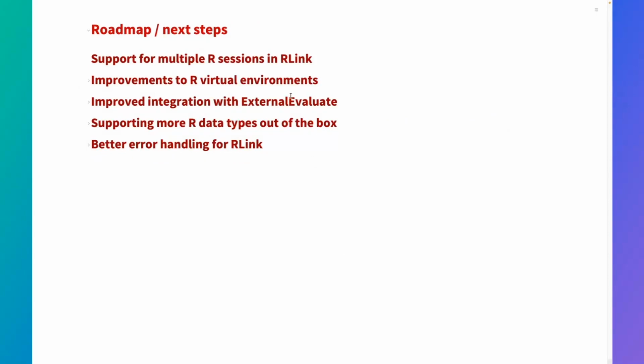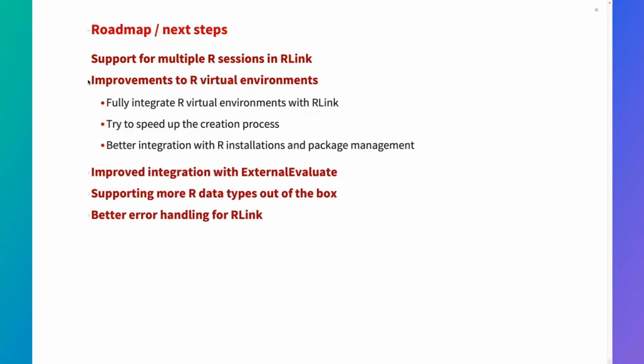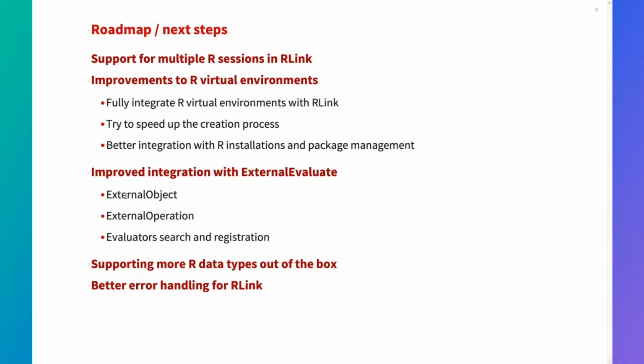And so the roadmap and next steps are these. We still need to support multiple R sessions in RLink. We need improvements for our virtual environments. They are not yet fully integrated, and they're pretty slow to create. We need improved integration with external environments, and there is this external session and all other things, so that if you prefer that, you will be able to use RLink through external evaluate.